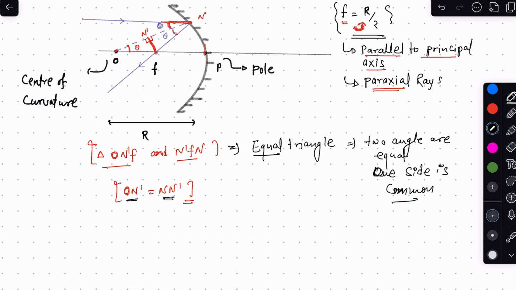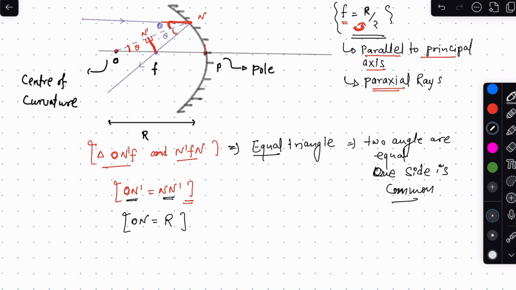Now we know that O n value is equal to R. Why am I able to say this? Because O is the center of curvature and N is a point on the spherical mirror, so if we connect a point from the center to the surface, it is going to be the radius of the sphere.